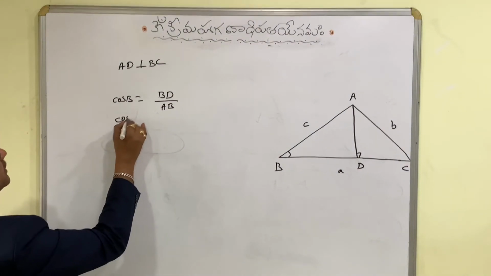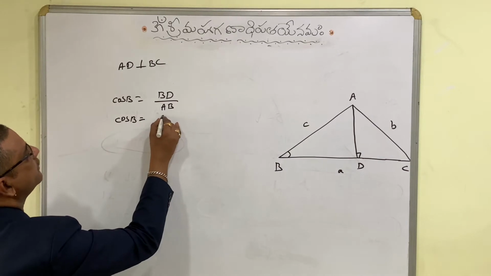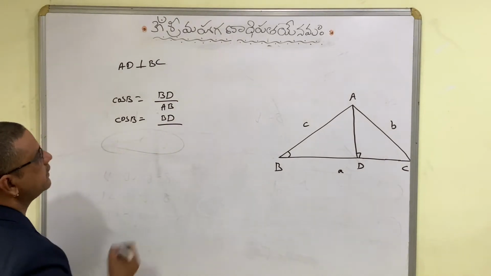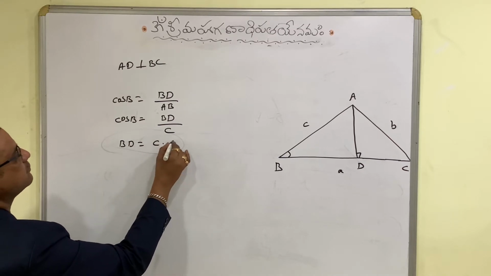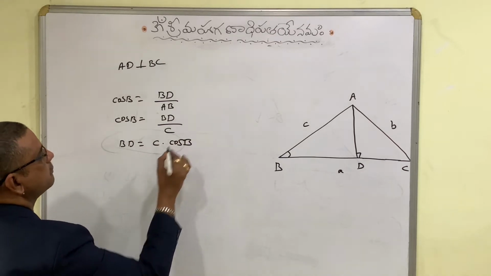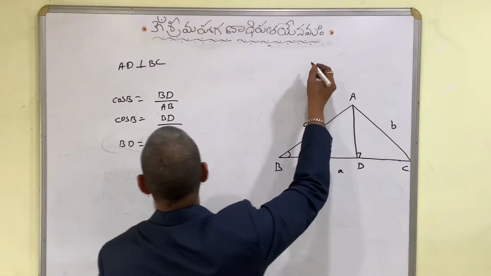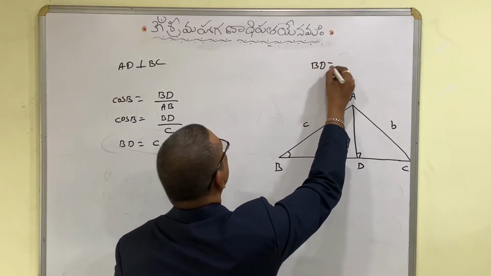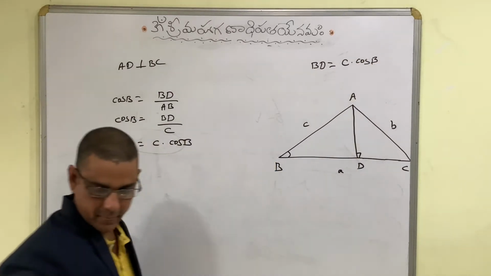So cos B is equal to BD, whose measurement we don't know, by AB, which is C. Then BD is equal to C times cos B. We'll write this relation: BD is equal to C times cos B.